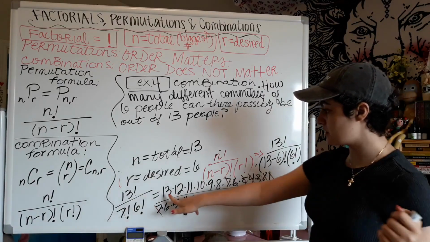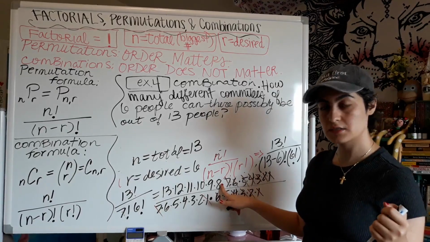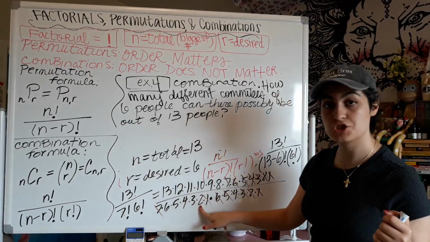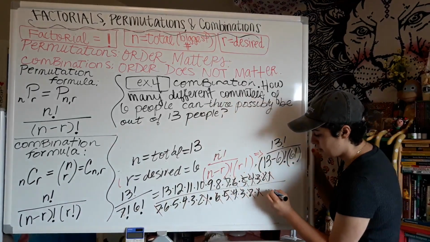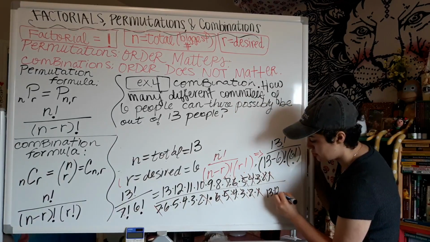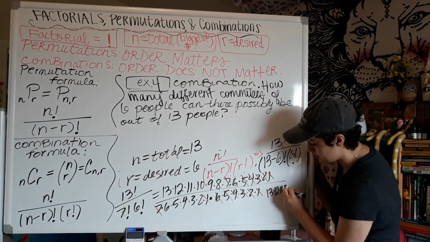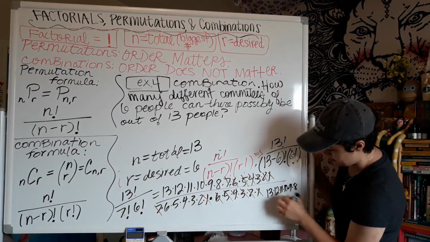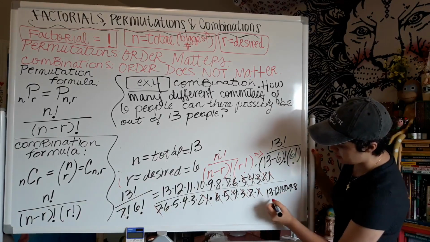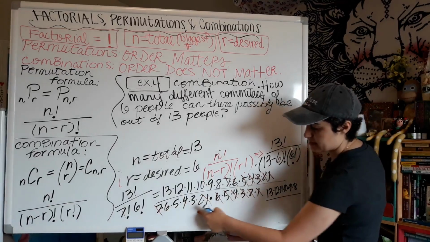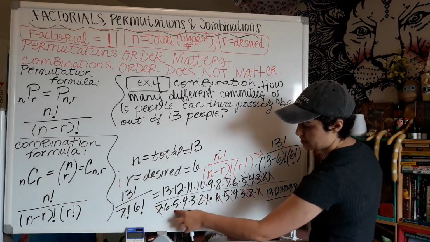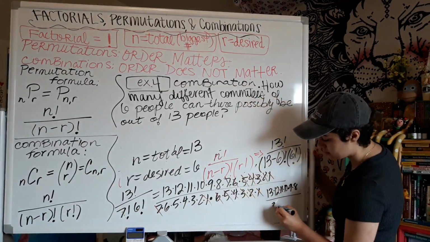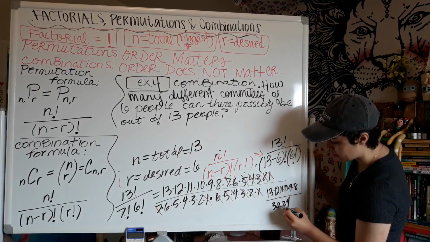So I'm left with 13 all the way to 8, and then 6 all the way to 2. So 13 times 12 times 11 times 10 times 9 times 8, over 6 to 2, so that's 30, and that's 24, so 30 times 24.